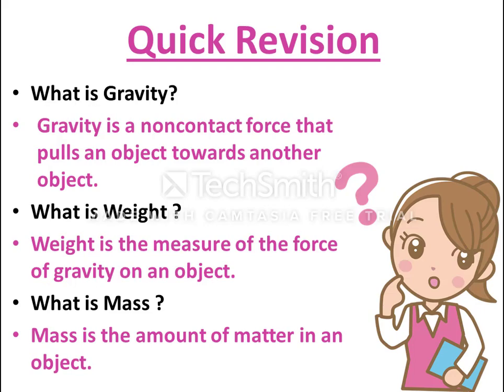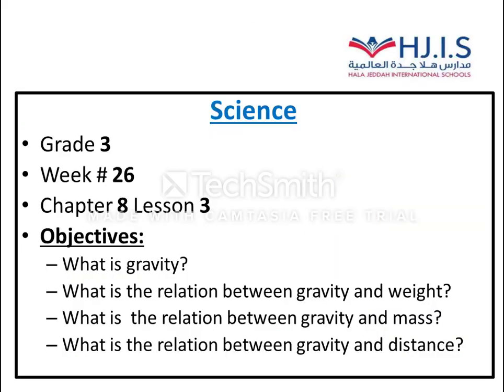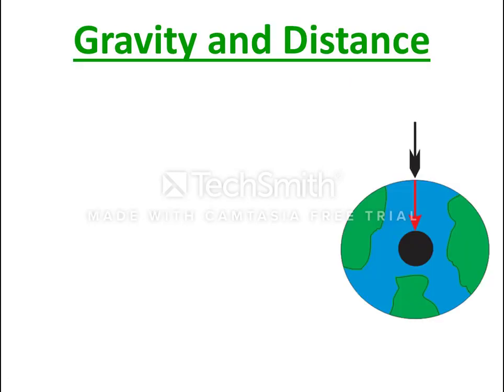Very good. Now, the objective for today's lesson is the relation between gravity and distance. What do you think the relation between gravity and distance is? Let's see. As you can see in the picture, Newton, of course, the scientist who discovered gravity, he was thinking, everything is pulling towards Earth.